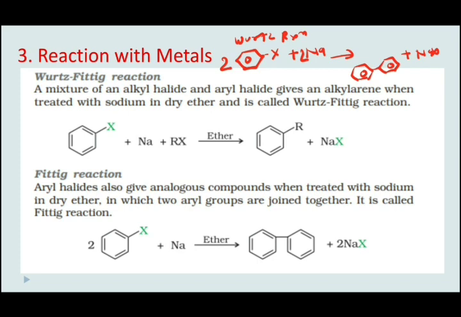We have just replaced the alkyl halide with aryl halide and the same dimerization is observed. This reaction is called the Fittig reaction because these reactions were given by different scientists or researchers. So Wurtz reaction and Fittig reaction, when we replace alkyl halide with aryl halide.